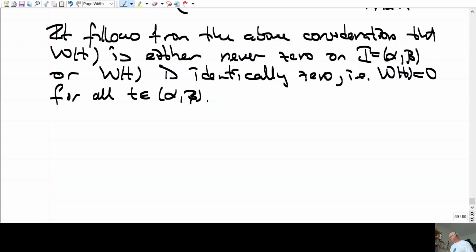Now I will define what's called a fundamental matrix. Let me write it as a definition.